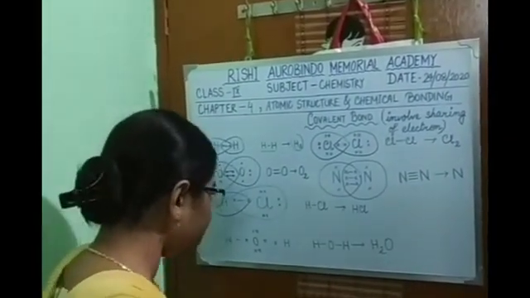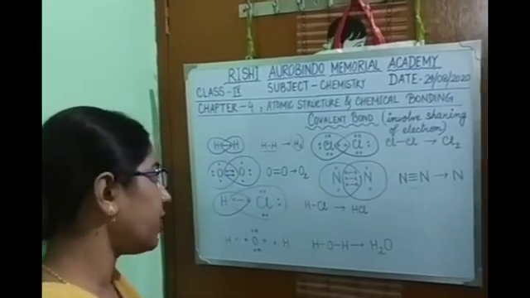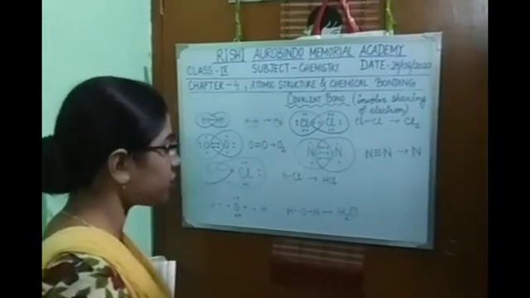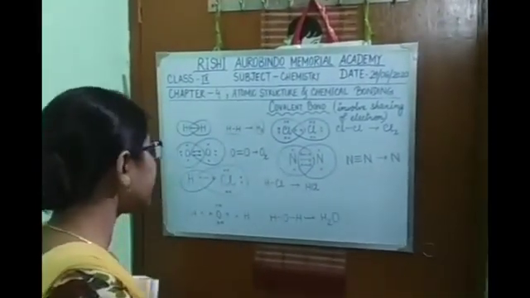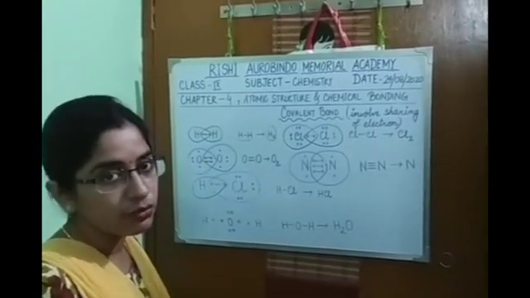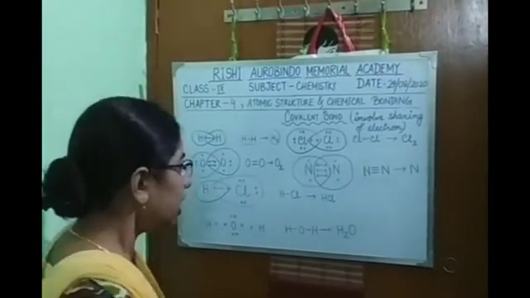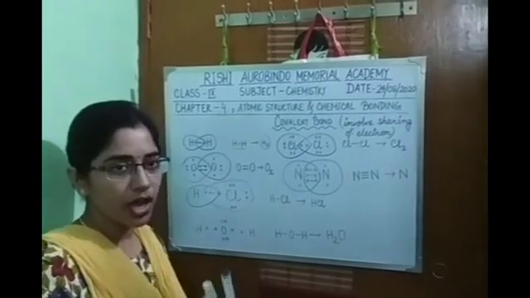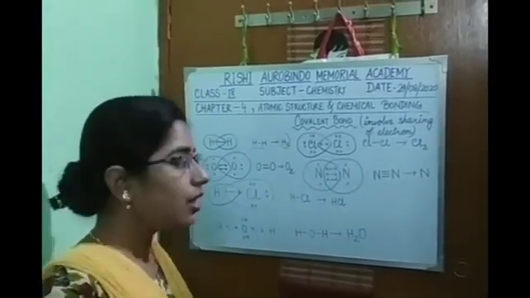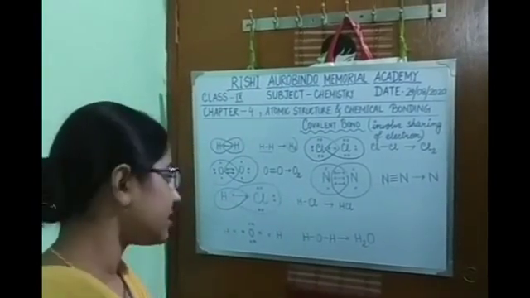Now another example is the covalent bond structure in the case of water. In water, 2 atoms of hydrogen are involved with 1 atom of oxygen. Hydrogen has 1 valence electron in its outermost shell.